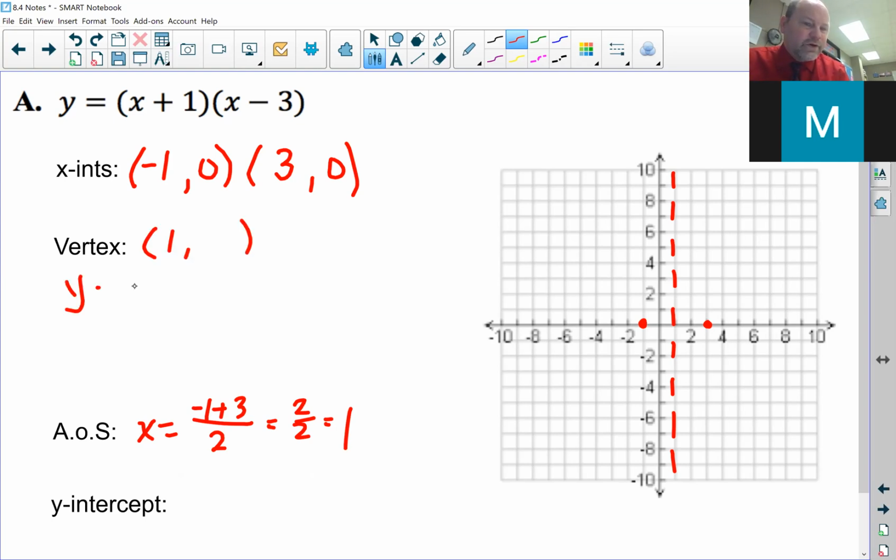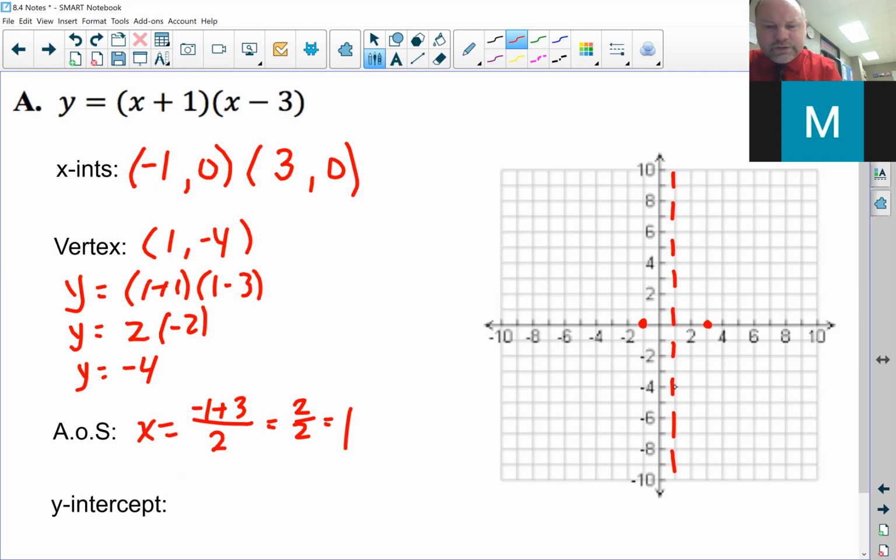To find my y-coordinate, I plug 1 in for x into my equation here. 1 plus 1, I know it's just after spring break, but hopefully we all know that 1 plus 1 is 2, and 1 minus 3 is -2. So -4 is where my vertex is, 1, -4.